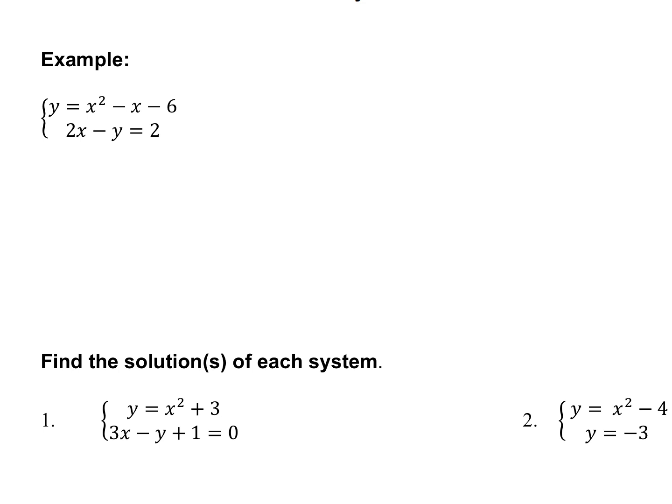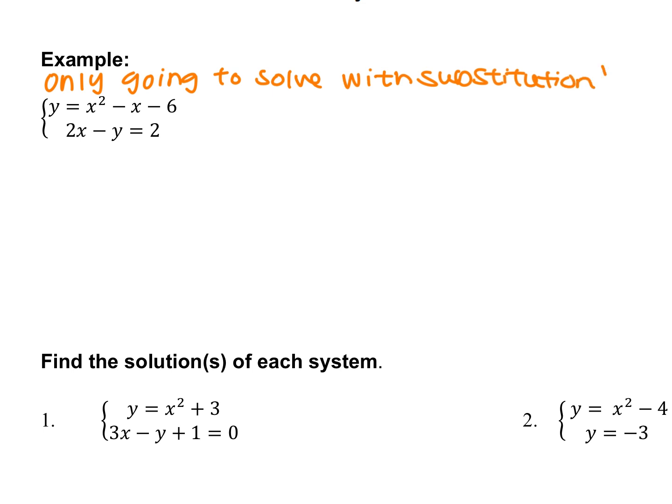We are only going to solve with substitution. Now, this substitution is not as straightforward as the other one. It is a little bit trickier, but it's not anything impossible. So you have a couple different options.